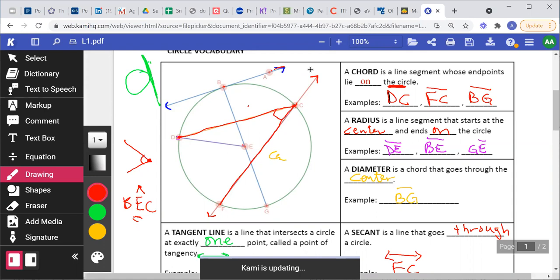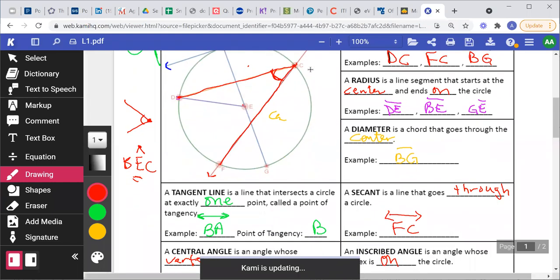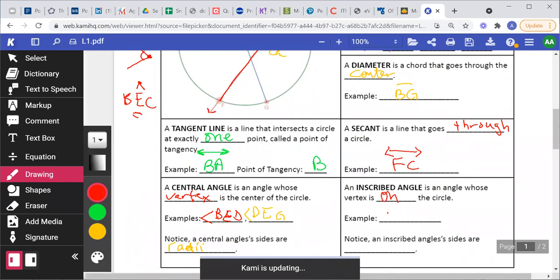The sides are mostly chords, okay? When you join two chords together, you form an inscribed angle. But when you join two radii together, you form a central angle. So here DC is a chord, FC is also a chord, and when you join them together, you have an inscribed angle. So DCF is an inscribed angle.